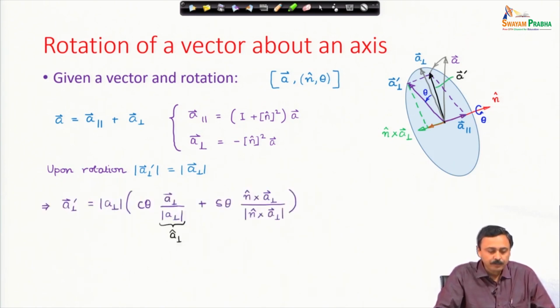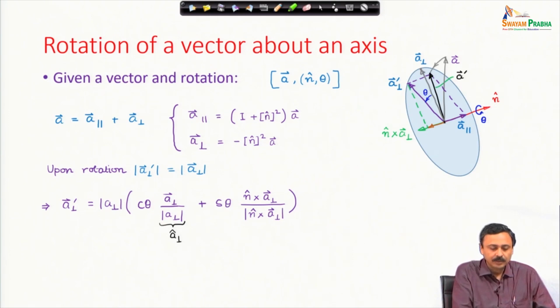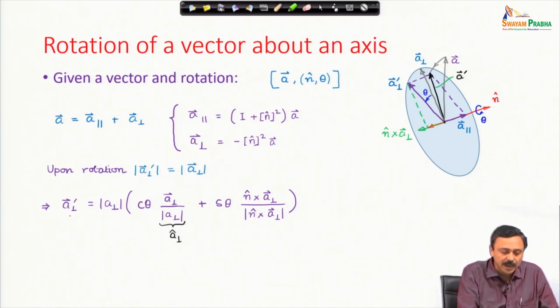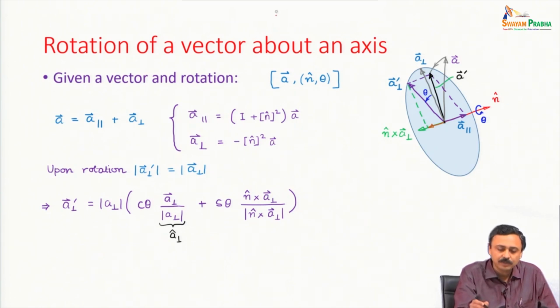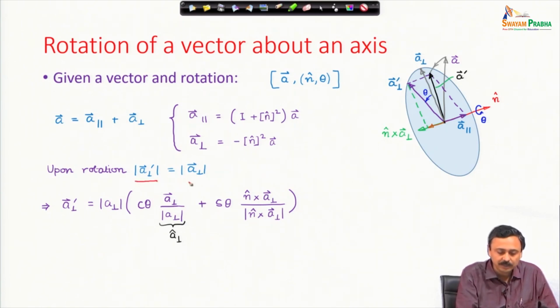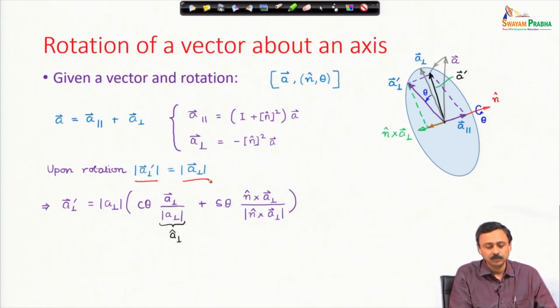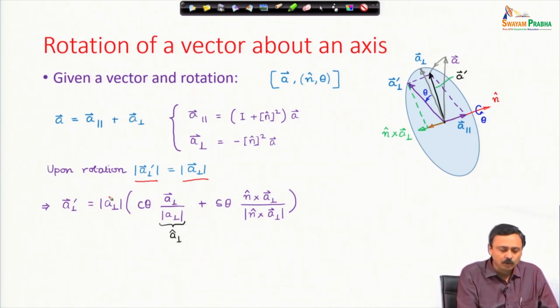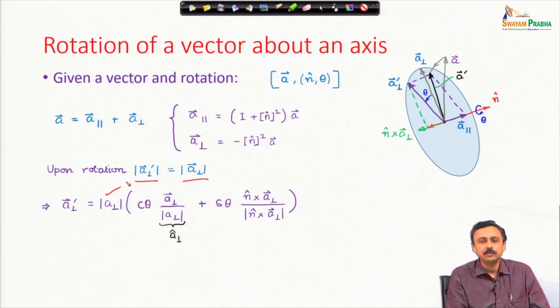A perpendicular prime, now what is its representation? Its representation involves the magnitude of A perpendicular, because A perpendicular prime's magnitude is the same as A perpendicular's magnitude. I have done the decomposition, so I know A perpendicular's magnitude.